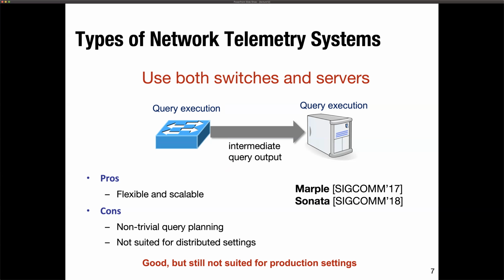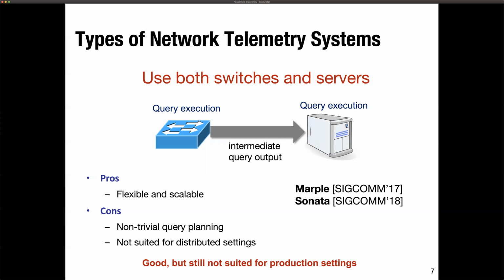Which was not the case for the other systems. And so it was also able to support a broader spectrum of queries, because its query execution is not just limited to the data plane, right? So unlike systems like OpenFlow and OpenSketch and universal monitoring, the set of queries that Sonata can support is broader, right? But it's a reasonable system.